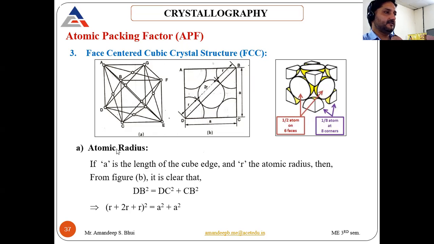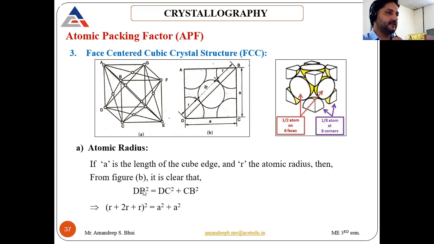So if we want to evaluate the correlation between A and R, we will take this triangle DBC. So DBC is a right angled triangle here. Now in this right angled triangle, DB square will be equal to BC square plus DC square. So here DB square will be equal to DC square plus CB square.